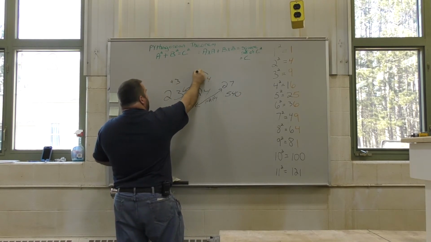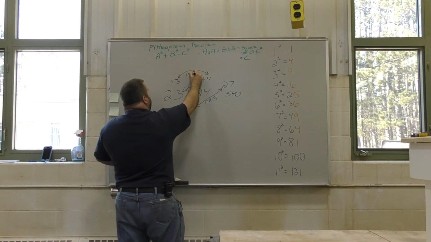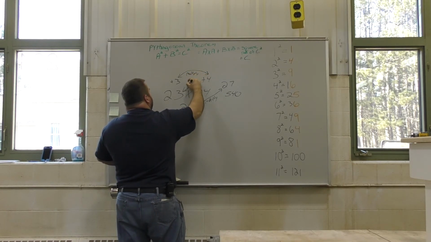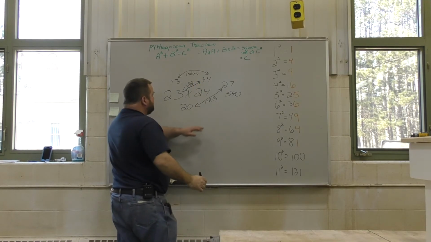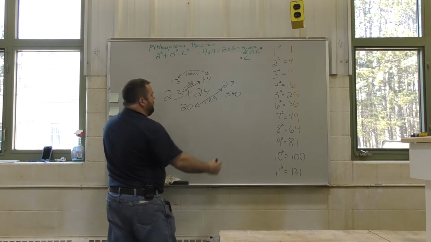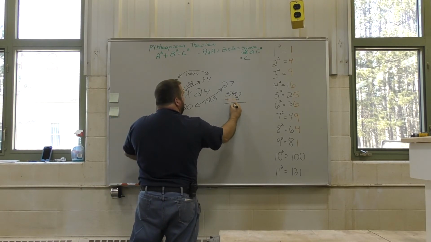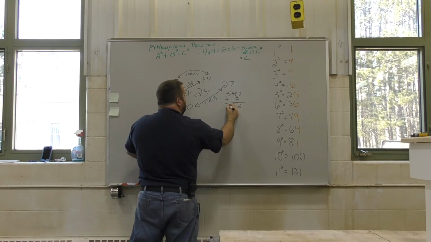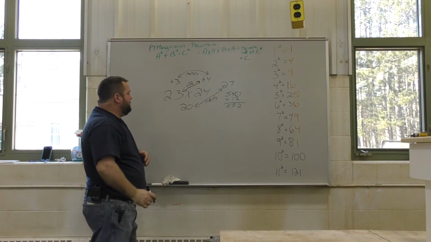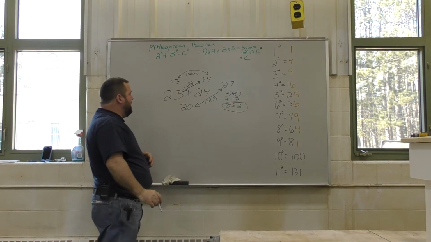Okay, then I want you to draw an arrow here. 4 times 3, you're going to multiply. Four times 3 is 12. Write your 12 down here. Addition sign. Add those together. 552. Circle your answer. That's your answer, 552.